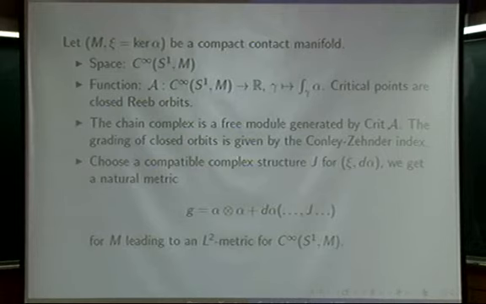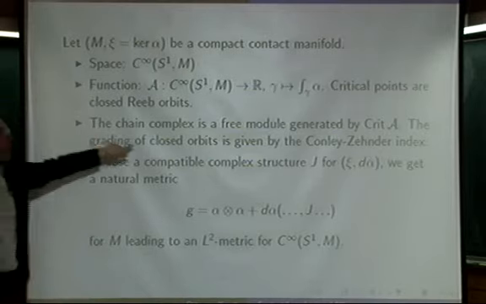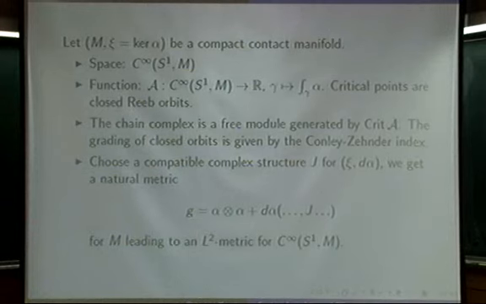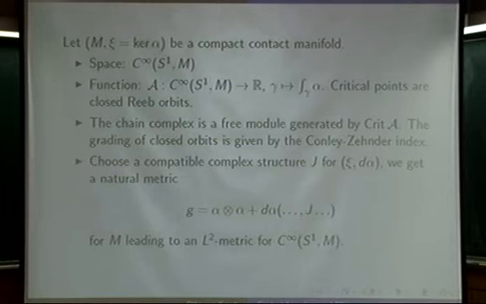Up to this point it's completely analogous, but this is not the index of a critical point, because the unstable and stable manifolds are infinite dimensional in this case, so there's no real index to talk about. So you have to replace it by something else, and this will do the job, but it's not so nice. Suppose that we just believe that this works somehow.